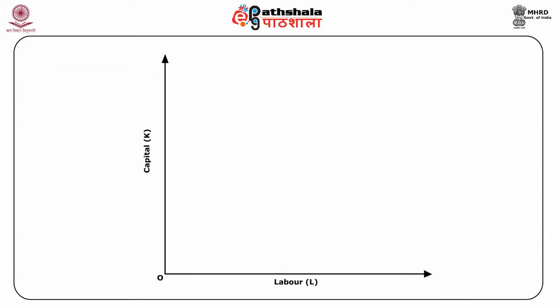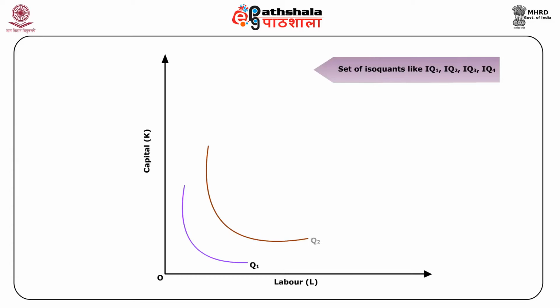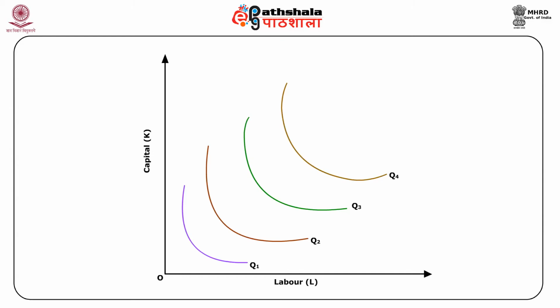We shall now discuss the isoquant map and economic region of production. Isoquant map is a set of isoquants like IQ1, IQ2, IQ3 and IQ4 in the figure, where each isoquant shows different outputs produced by different combinations of labor and capital.